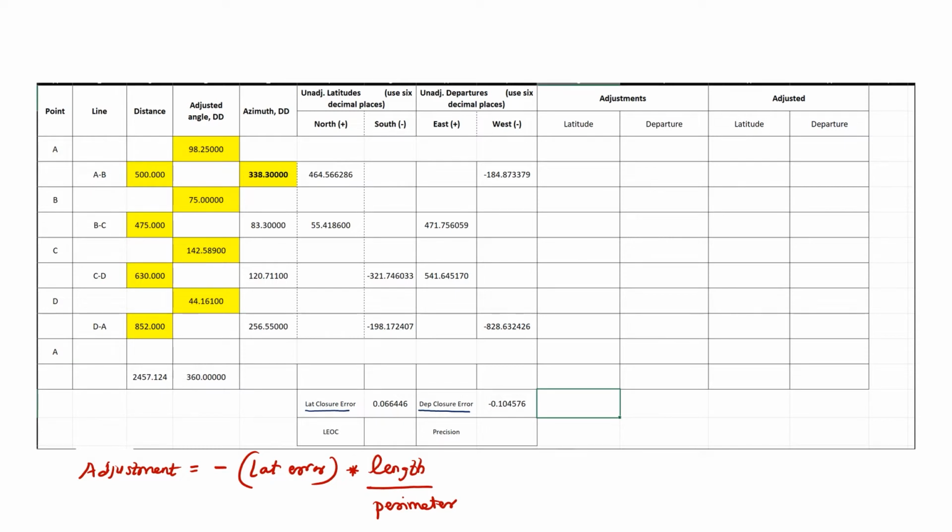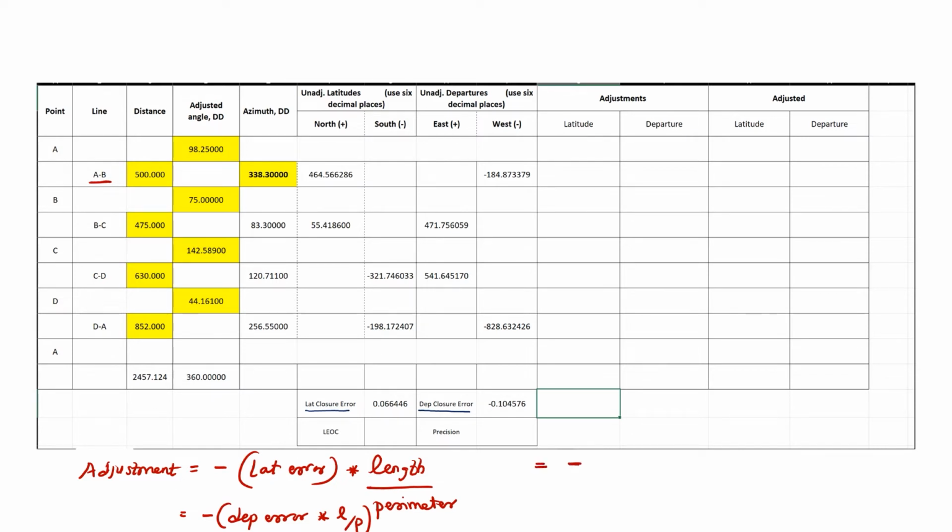And for departure, you take the negative of departure error times length by perimeter. The only difference is between the lat and departure error, but the formula is pretty much the same.